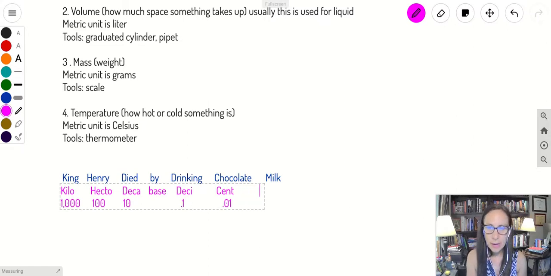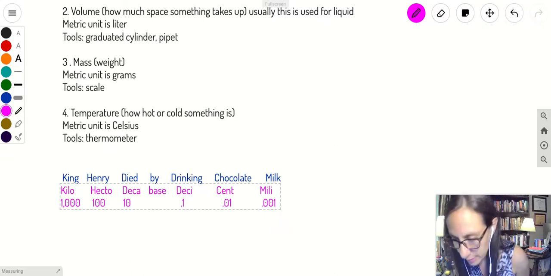And then we have M, which is milli, and milli stands for 0.001, which is 1/1000th. Okay, so that's what each of these prefixes stand for. And so all these units that we've talked about can have any of these prefixes, and all you would have to do is just move the decimal point.